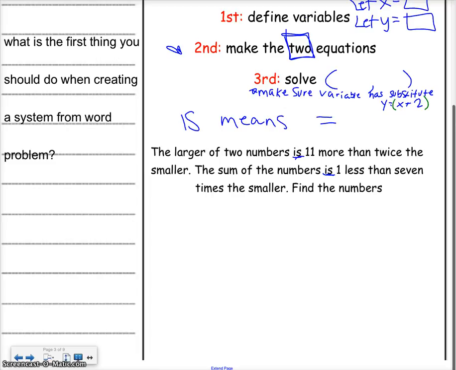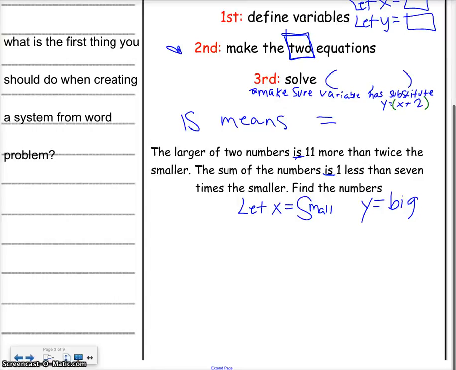Step 1, define variables. Let x equal, what do you want? X big or small? I already wrote the s. X is small, y is big. It doesn't matter what you define as long as you just keep that in mind after you solve. Okay? So x is the small number, y is the big number. Step 2, create my equations.